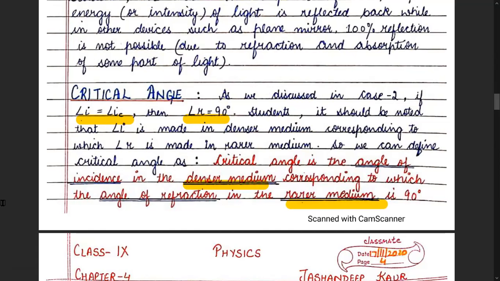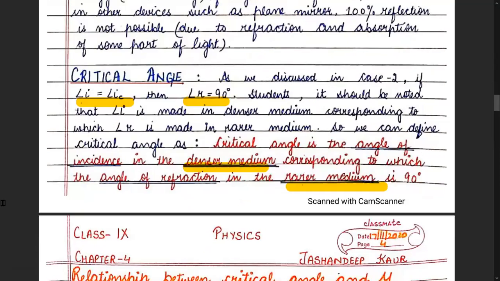So critical angle is the angle of incidence in the denser medium, corresponding to which the angle of refraction in the rarer medium is 90 degree.